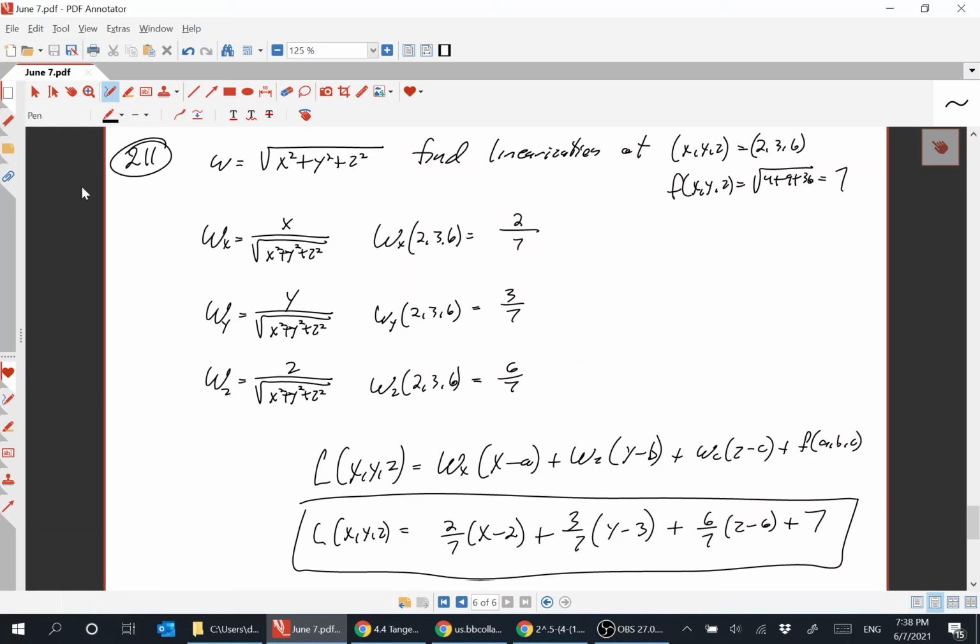So the idea algebraically moves up in dimension when you take one more variable, going from a 2-variable to a 3-variable function. But the geometry of it is not something that you're going to visualize much anymore.